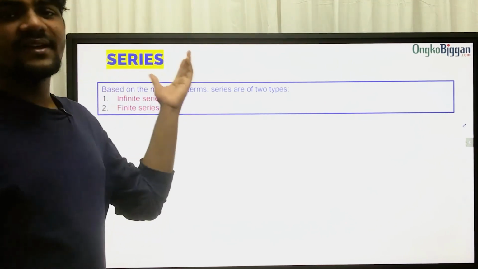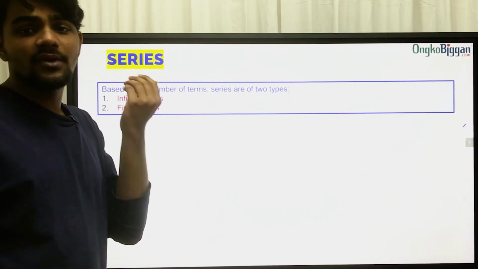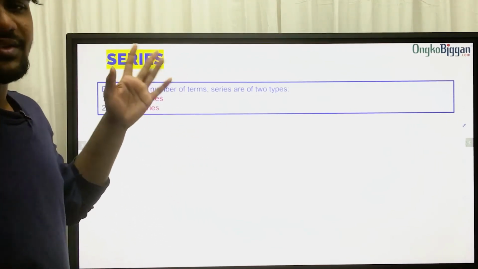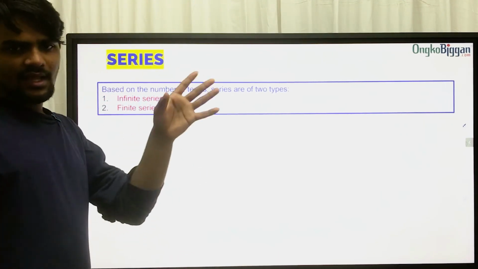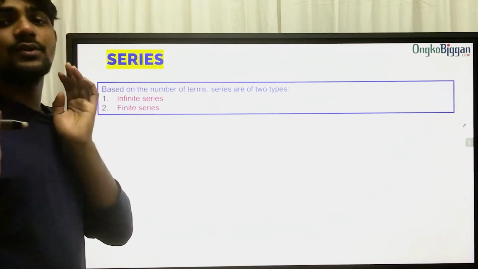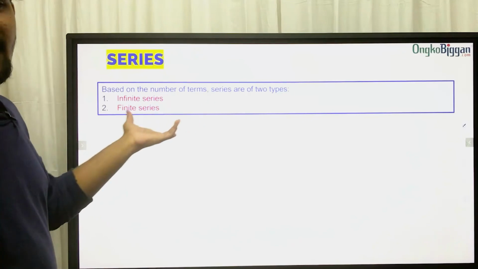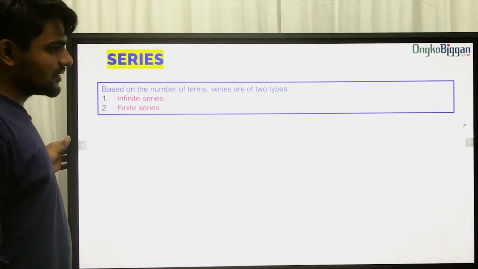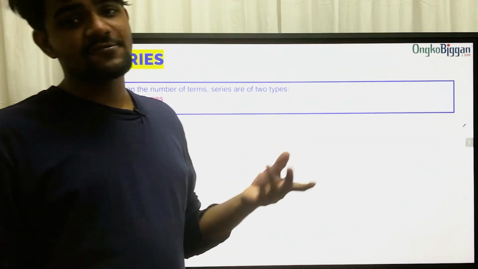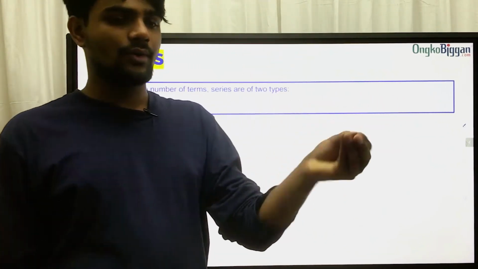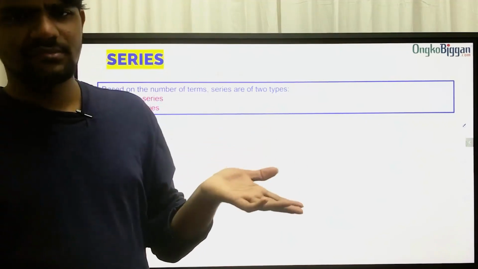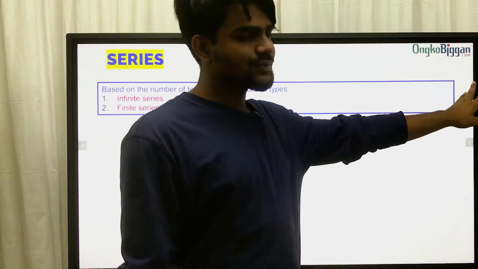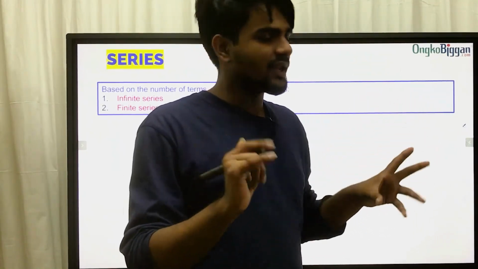Infinite series means there is a huge number of terms, an infinitely long series, and a finite series has a known end point, which an infinite series does not have. I guess we have talked about finite series in your general math book or in lower classes. I am not going to spend more time on the definition of finite and infinite series.